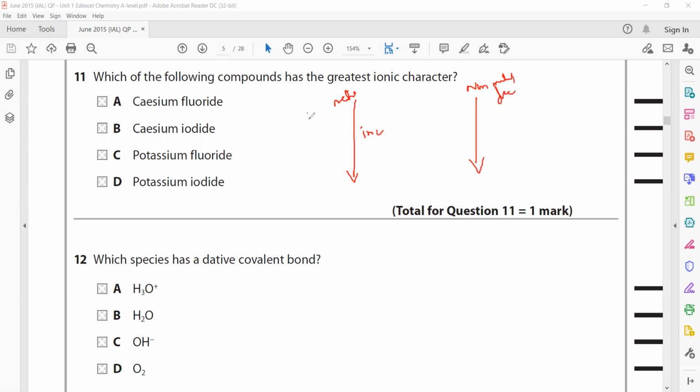So when we check the position, we have potassium and cesium, and fluorine and iodine. So which one has the greatest ionic character? Cesium is the more reactive, and fluorine is the more reactive. So when they react, they will have the maximum or greatest ionic character.